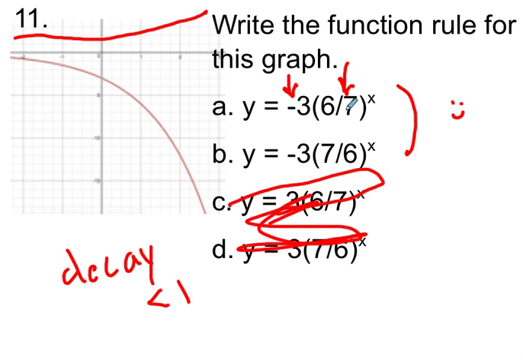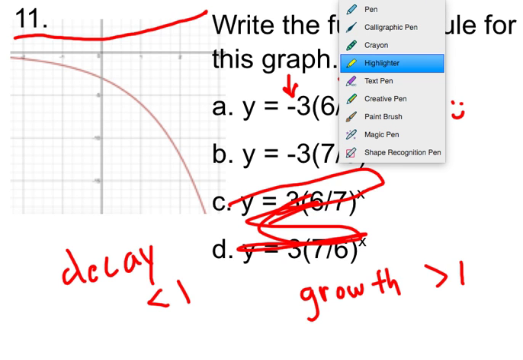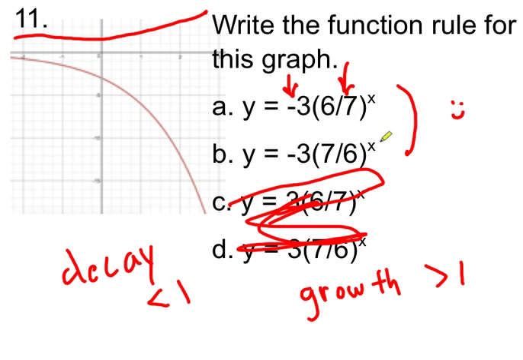It's a fraction. Well, this is a fraction. So that's decay. And if we have growth, then our factor has to be greater than 1. So the only one of these choices that even makes any kind of sense, even without doing any serious analytics, is this guy right here. And so that's the choice for number 11.